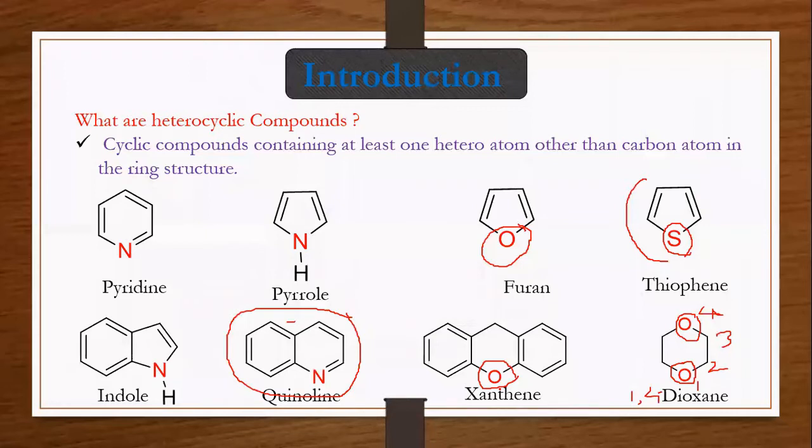Okay, thus in all these examples, you can see the heteroatom present is shown by red colored alphabet. Here, heteroatoms are nitrogen, oxygen, and sulfur. Okay, there are other rings which also contain different heteroatoms than these.